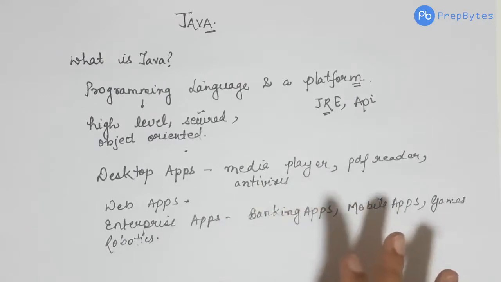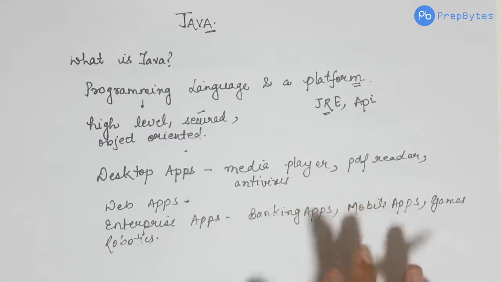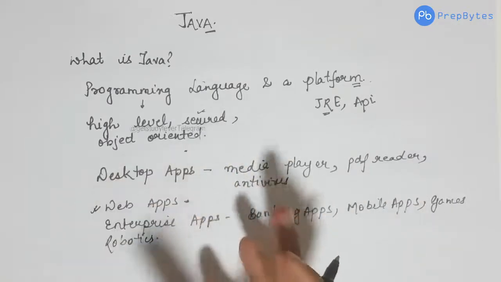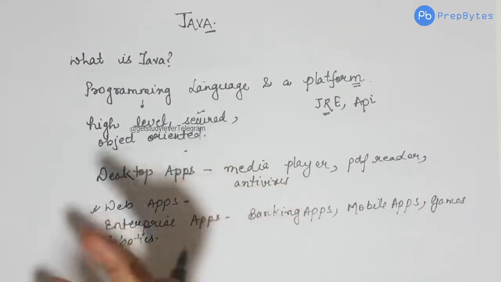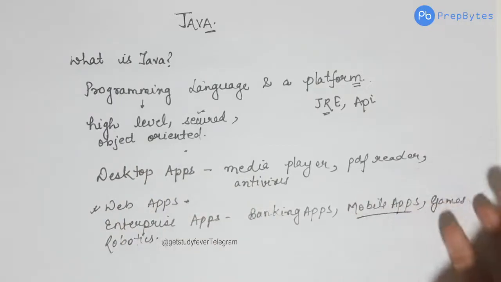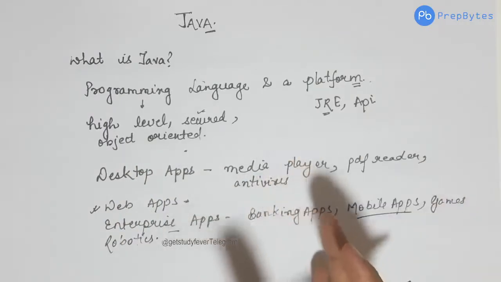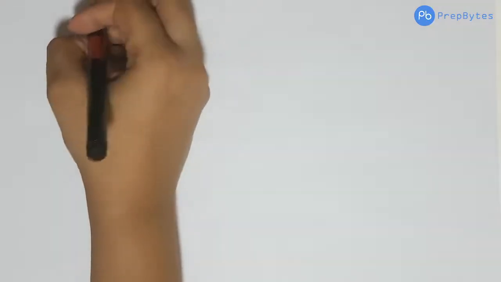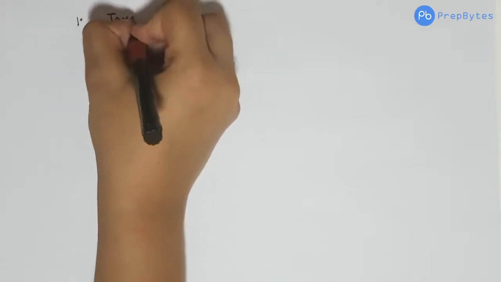What happens is that Java has 4 editions. It has a different software edition for building web apps, or a different set of libraries for building web apps, and it has a different edition for building mobile applications. So let's see what the 4 editions of Java are. There are 4 editions of Java. First being Java Standard Edition.